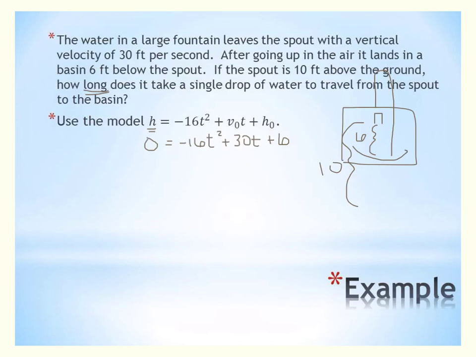So here what we have is a quadratic equation, and honestly, you could try factoring if you wanted to. You could do completing the square. You can do whatever you want, but since we're in the quadratic formula section, we're going to go ahead and try it with that. So x equals negative b, negative 30, plus or minus the square root of b squared minus 4 times a times c all over 2 times a.